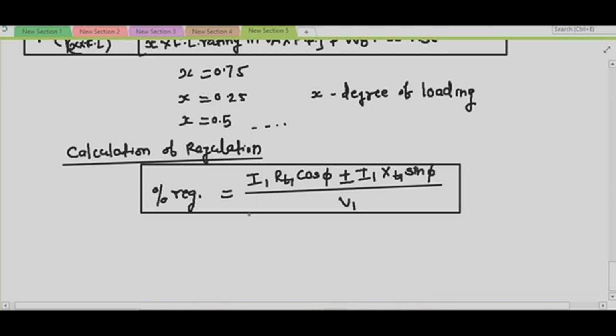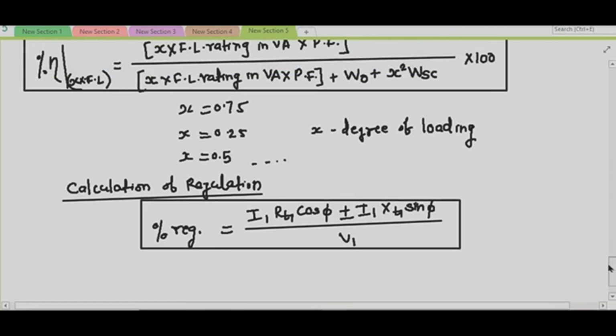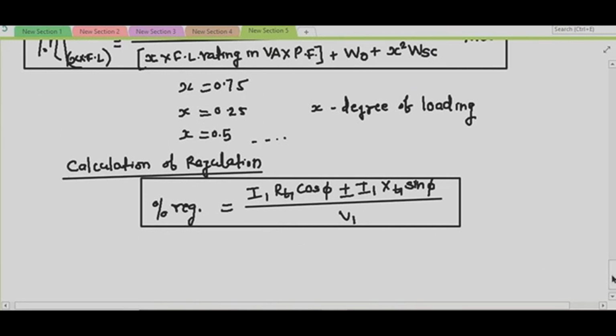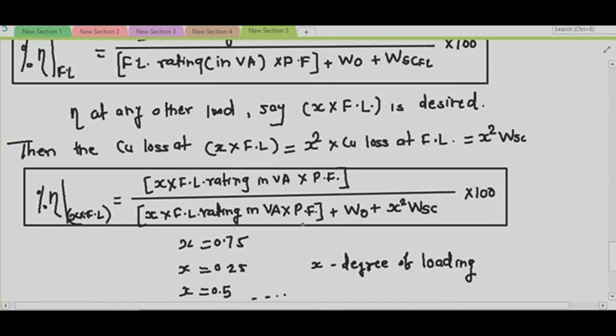So in this formula your XT1 and RT1 you have to take from the short circuit test, and V1 is rated voltage of the primary, I1 and I2 are the full load primary and secondary current respectively, right? So this is all about the mathematical expression required for finding out the efficiency and regulation of the transformer using the open circuit and short circuit test data.